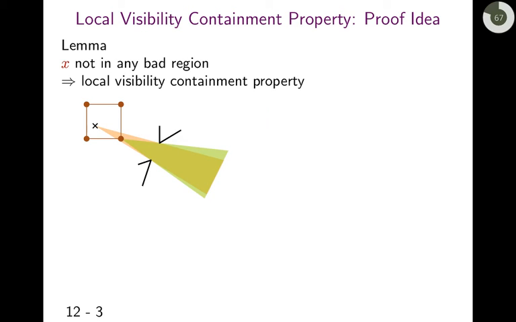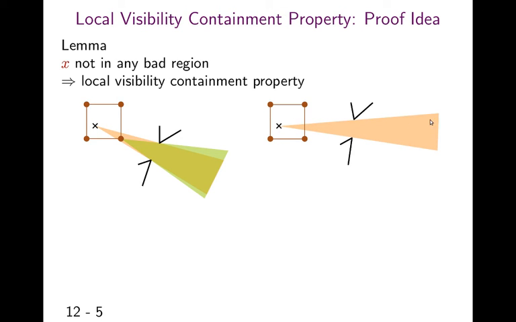And now let's say we have this other case that X sees this cone here, and we want these two vertices also to see this cone, these two grid points. Then it might happen that it doesn't, but it can only happen here in this small region behind.